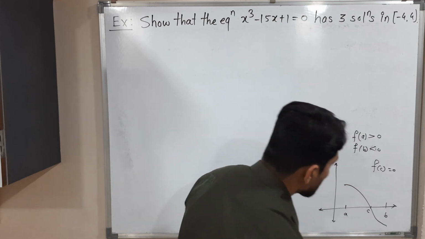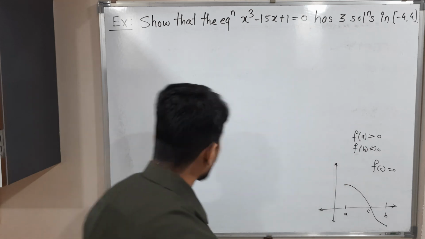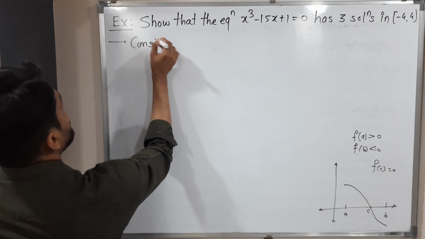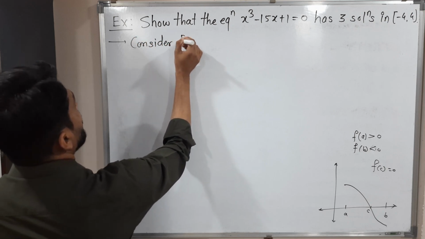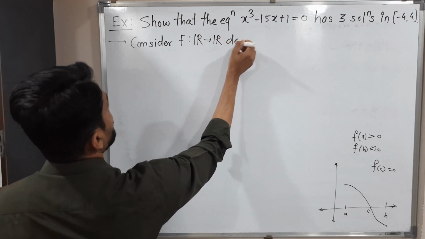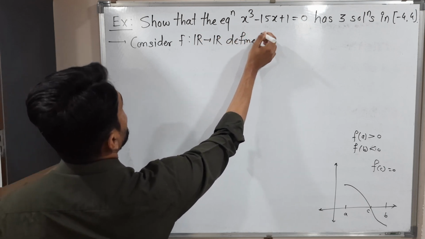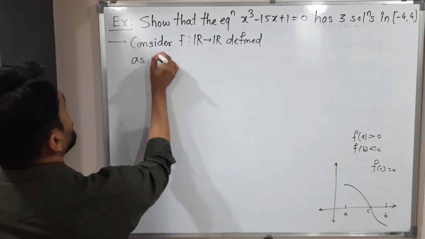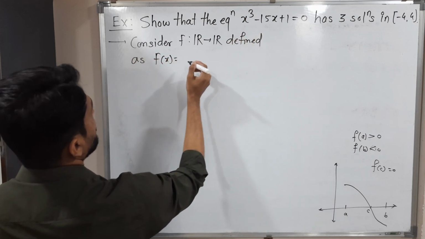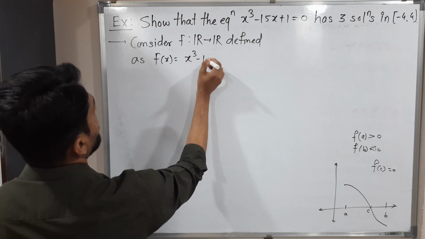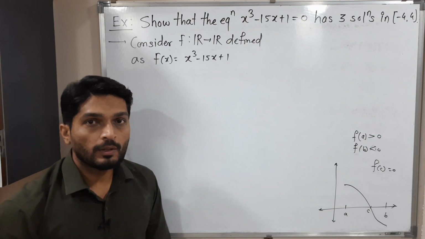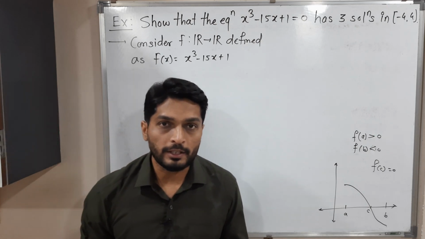So let us have one function. Consider f from R to R defined as the same function we have here, the polynomial x cube minus 15x plus 1. Now the first question: is this function continuous?